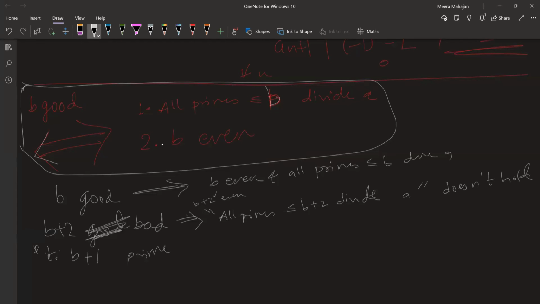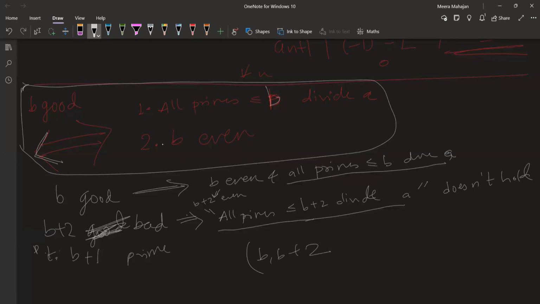Because if this holds, we anyways have b plus 2 even because b is even, and hence by this direction you get b plus 2 is good, a contradiction to what we are given. So this statement does not hold. Now you have all primes at most b divide a, and there is some prime at most b plus 2 which does not divide a.